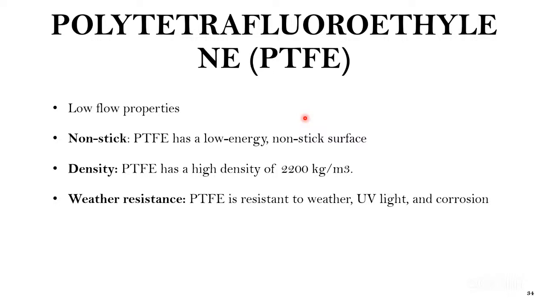In general, what I want to conclude at this point is that Teflon processing is quite difficult and you need very specific instruments because they have very low flow properties. Is that clear?